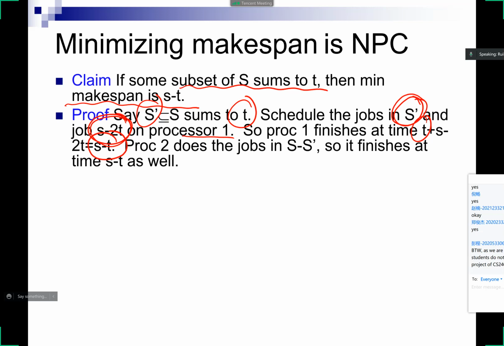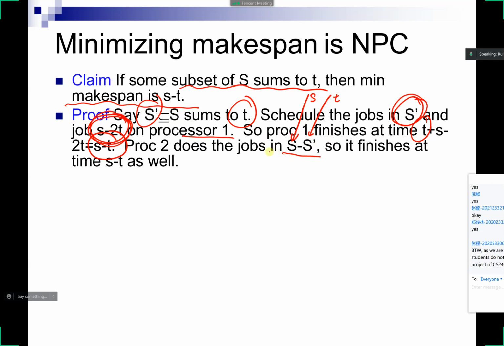Now what about processor 2? Processor 2 is just going to do all of the remaining jobs. The only remaining jobs are the jobs in S minus S prime, because you put this extra job onto processor 1. The amount of time to finish all the jobs in S is s, but the sum of S prime is t.